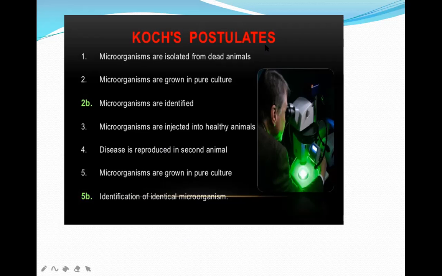So this is the Koch's postulate. If you remember these things, it is sufficient because in examination it is asked for 5 marks. Koch's postulates are for the test of pathogenicity. From this, we can confirm which pathogen causes a particular disease.